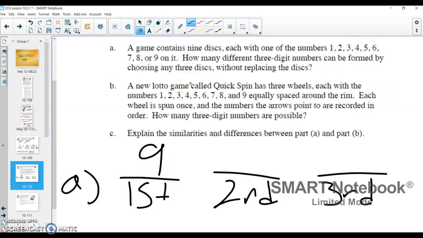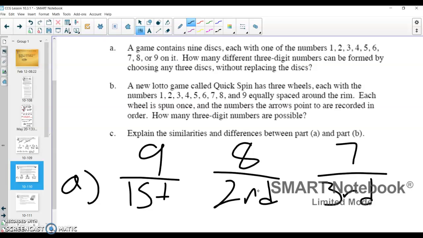All right. On the second decision, I only have 8 choices because I took one of the discs in the first decision, or the first choice. I took one of the discs, and it does say here I can't replace it. And so I have 9, and now I have 8 choices. And by the time I get to the third, I have 7 choices because I've taken something in the first and the second choice. All right.